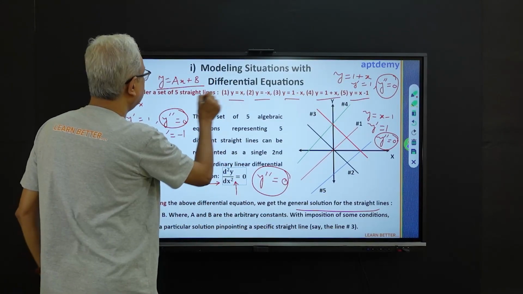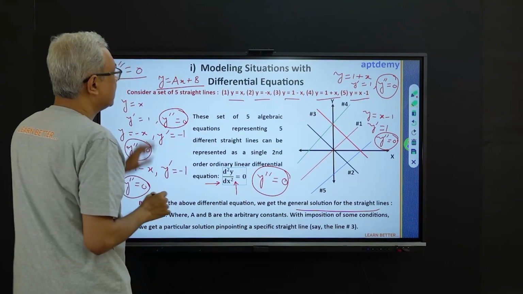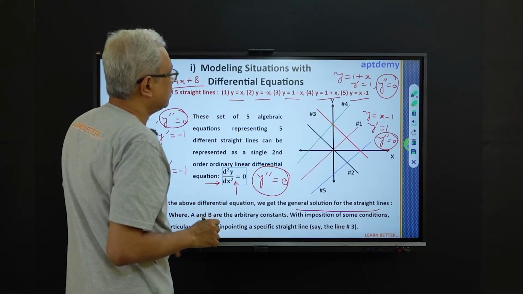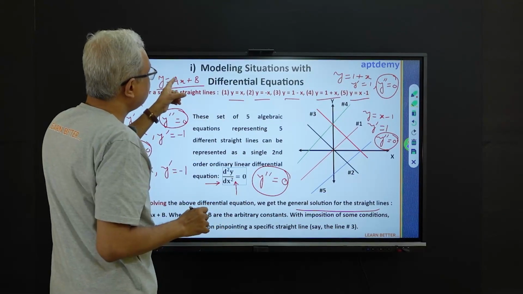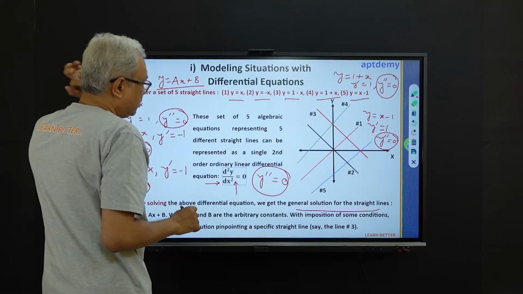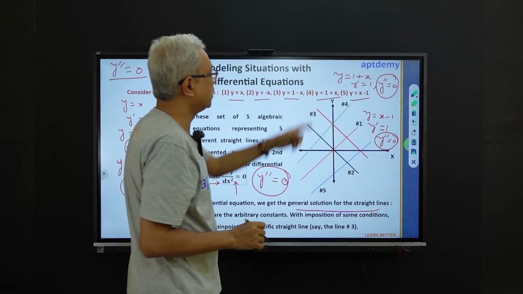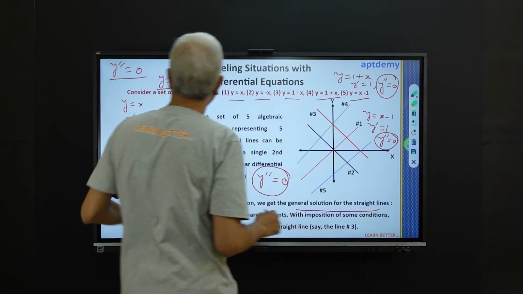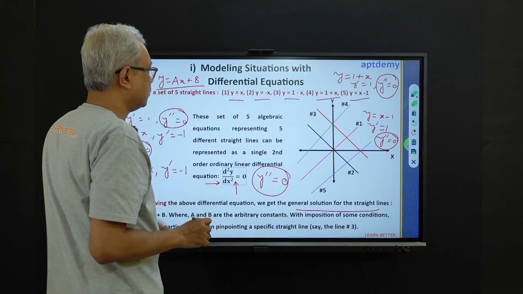For the first equation, a is 1, b is 0. The second, a is negative 1, b is 0. The third, a is negative 1 and b is positive 1. Fourth, a is positive 1, b is positive 1. And fifth, a is 1, b is negative 1.